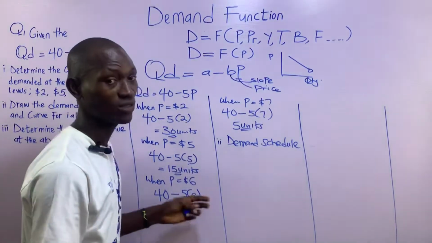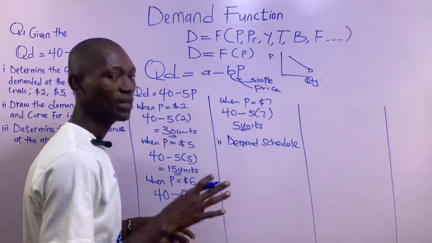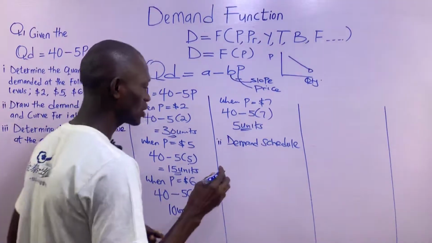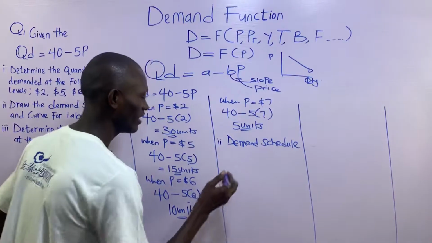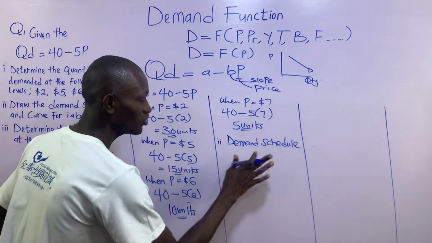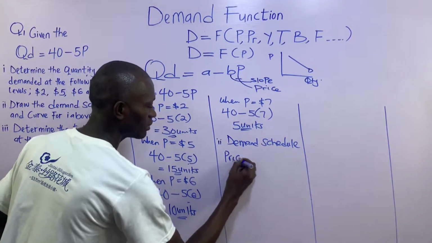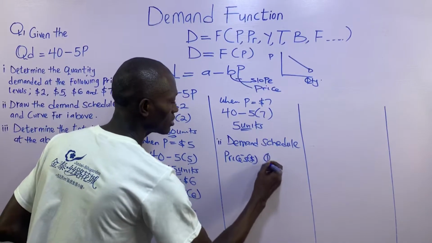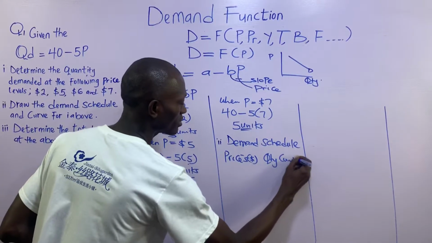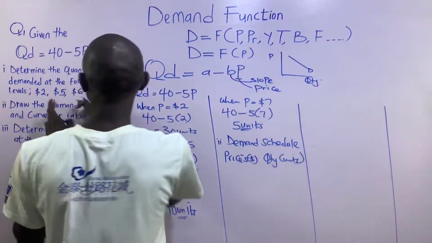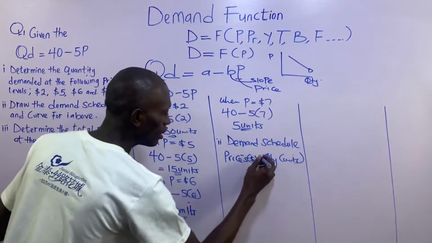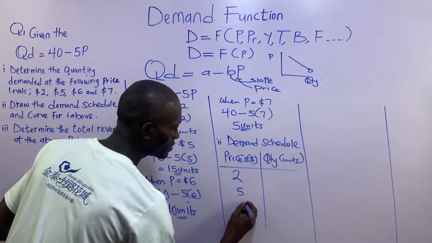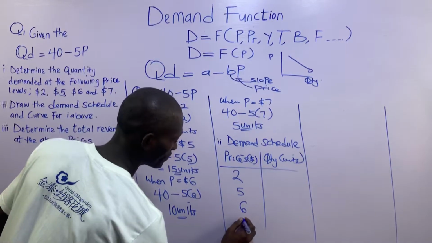My American friend would say demand schedule one way, but my British friend would say it another way. That's by the way. So we have the demand schedule. We have price, because it simply shows the relationship between prices and quantity demanded, which is expressed in units. These are the prices: 2, 5, 6, and $7.